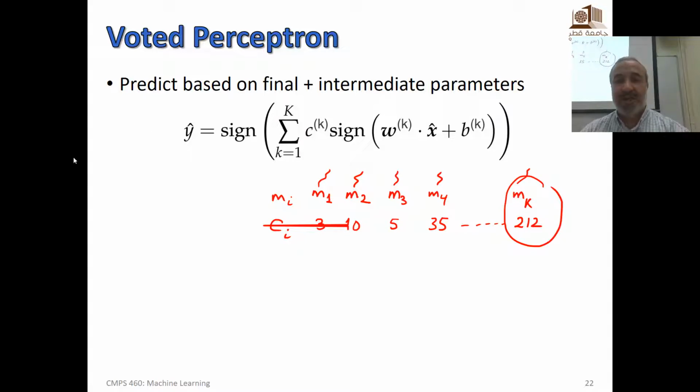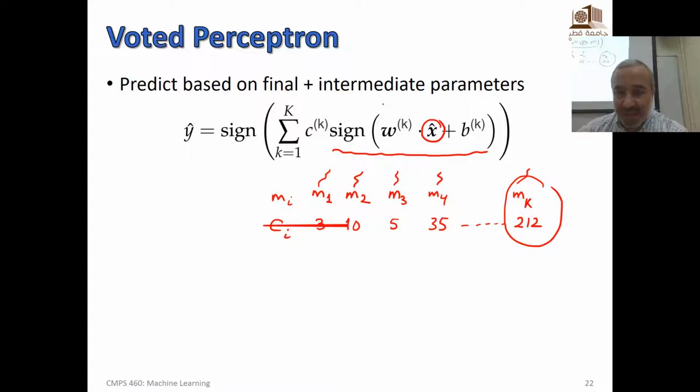And then we get the sum of all of these. This is exactly what we see here in the equation. Okay? Where is the prediction for each model? This is the prediction for model number K. Because the prediction, if you remember, we are given an example. We want to get the predicted label for it. We multiply it by the weight and we add the bias. And then we get the sign. Remember the step function after the weighted sum? We get the sign, which is the predicted label.